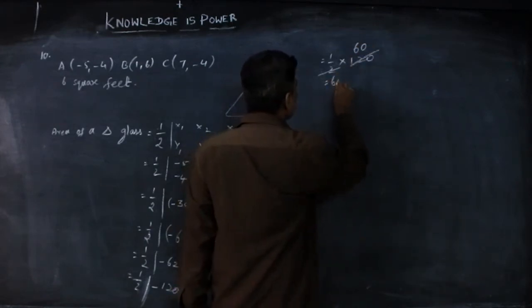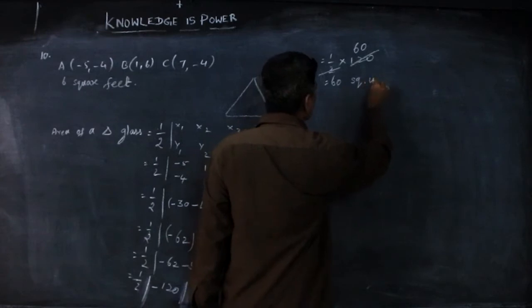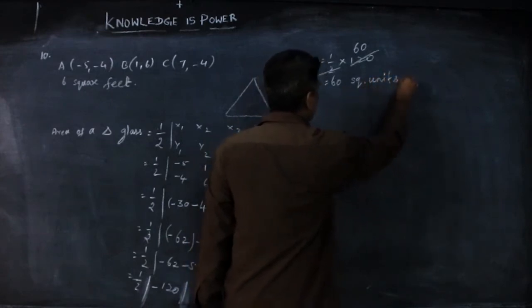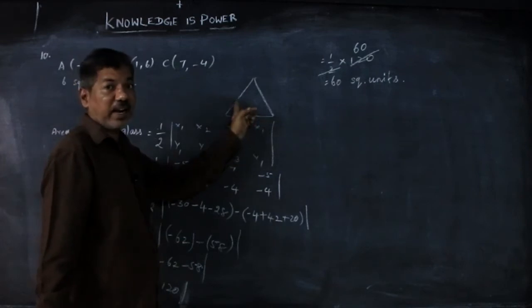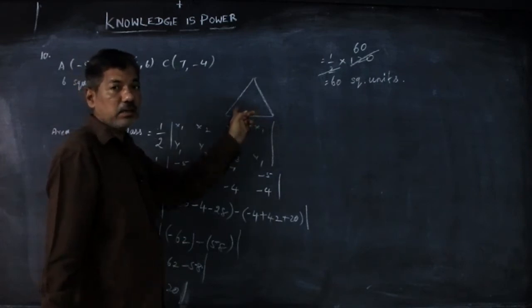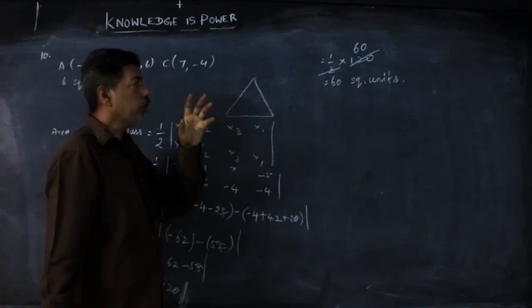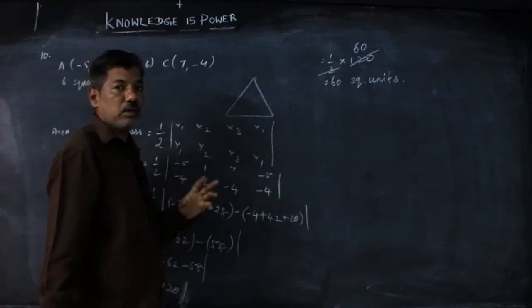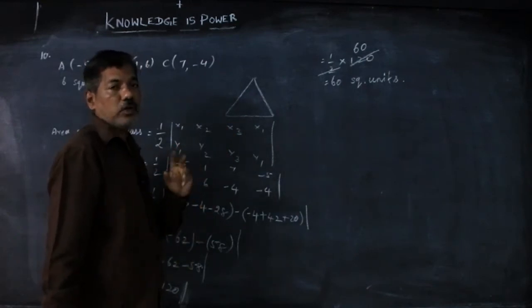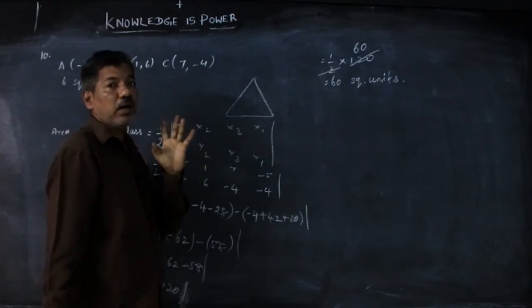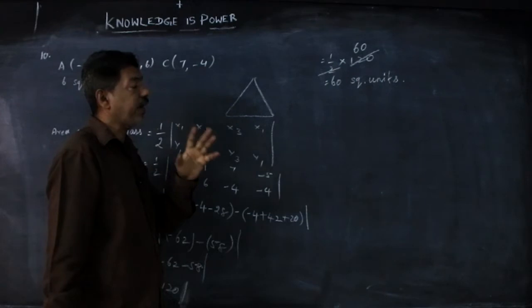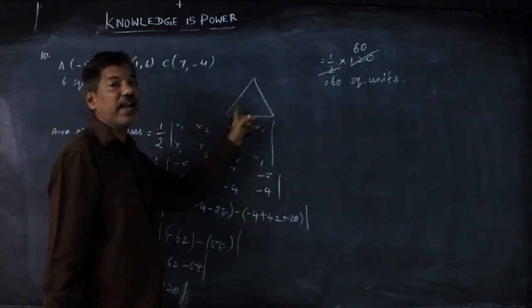So 60 square units. The area of the triangle glass is 60 square units. But that is not the answer. The question asks how many buckets of paint are required to cover the glass.